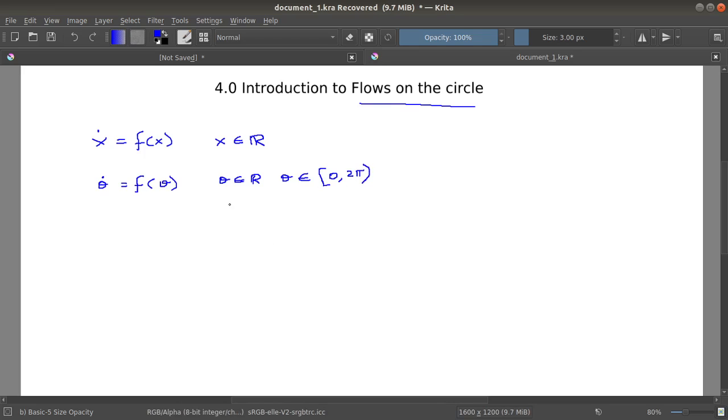One more thing is, this function f should be periodic. So f is with 2 pi as the period.